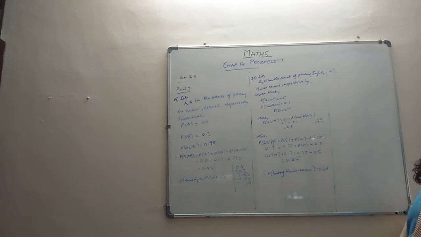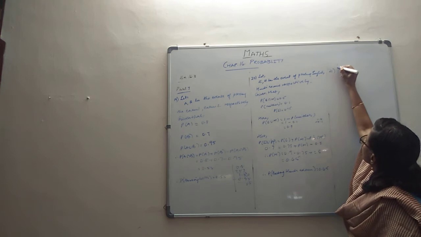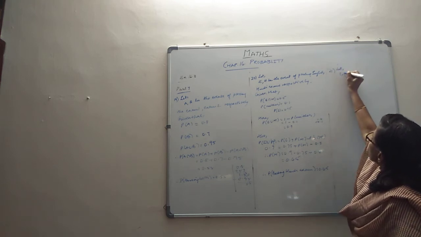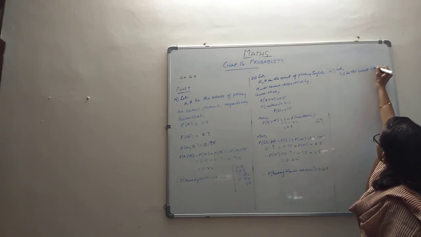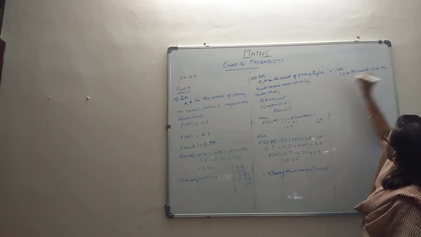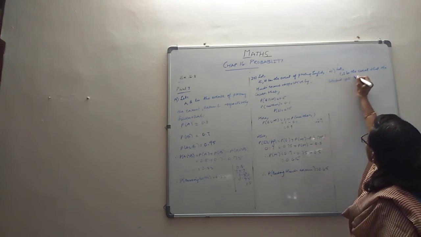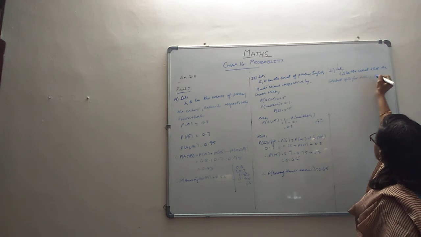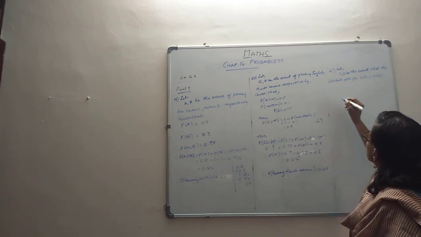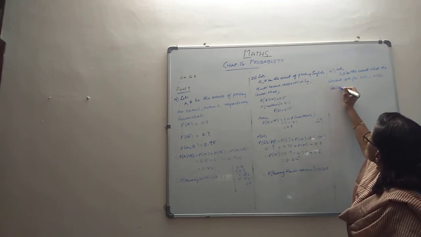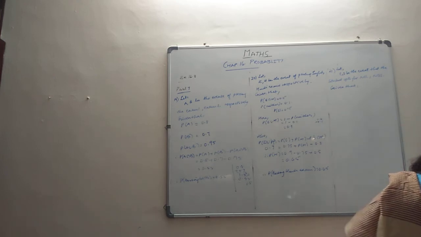30, 32, 24. I hope I remember this. 30, 32, 24. Yeah. So let C, S be the event that the student opts for NCC, NSS. So given that, let's figure that out.